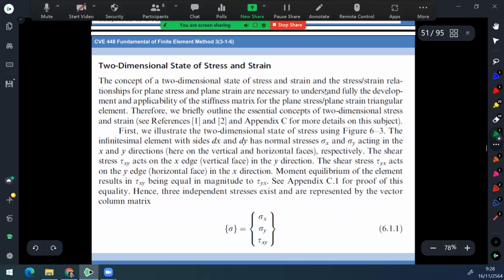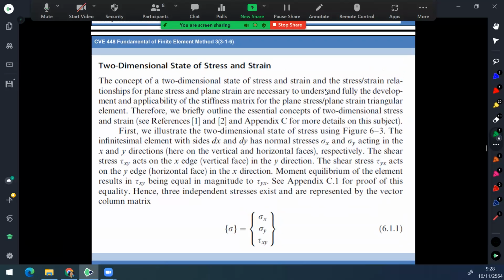So when we simplify the three-dimensional problem to a two-dimensional problem, the 6 components of stress and strain are reduced to just 3 components of stress and strain.